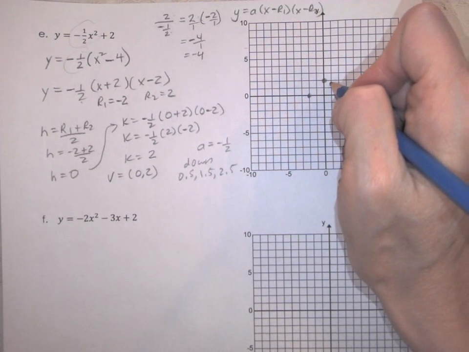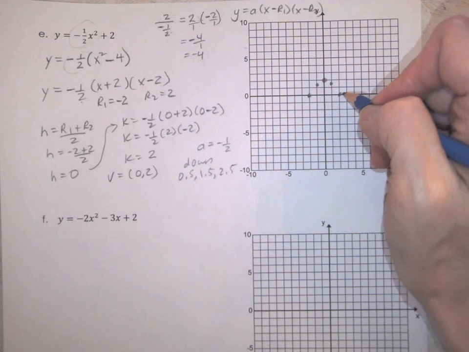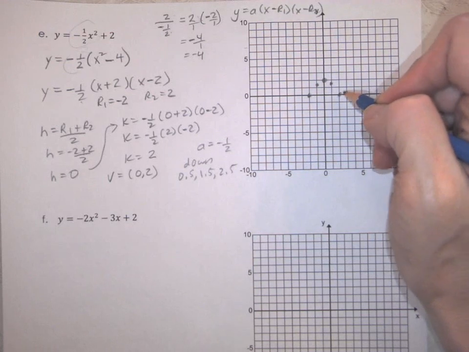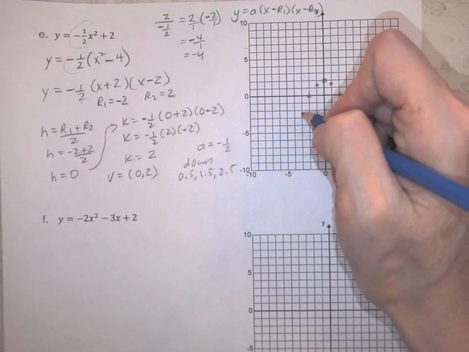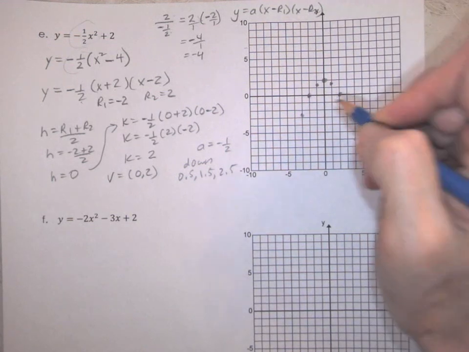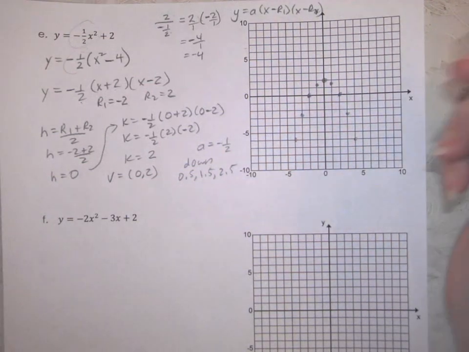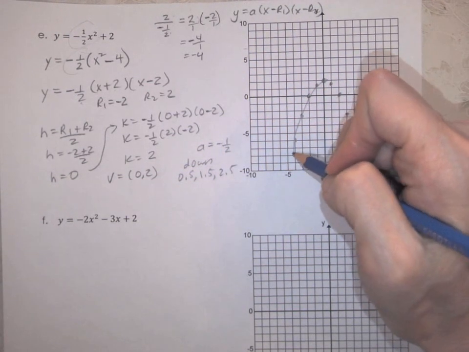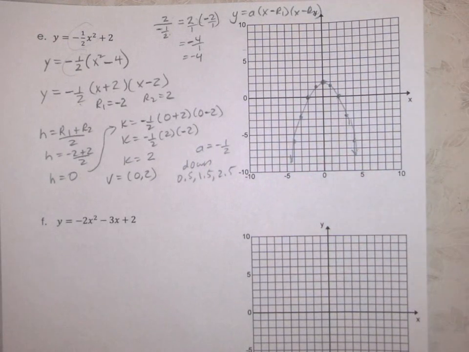So over 1 down 1/2, over 1 down 1.5, we land right on our intercept, over 1 down 2.5, over 1 down 1, 2, 3.5, and 4.5 doesn't quite fit, but we can draw in our parabola with a smooth curve.